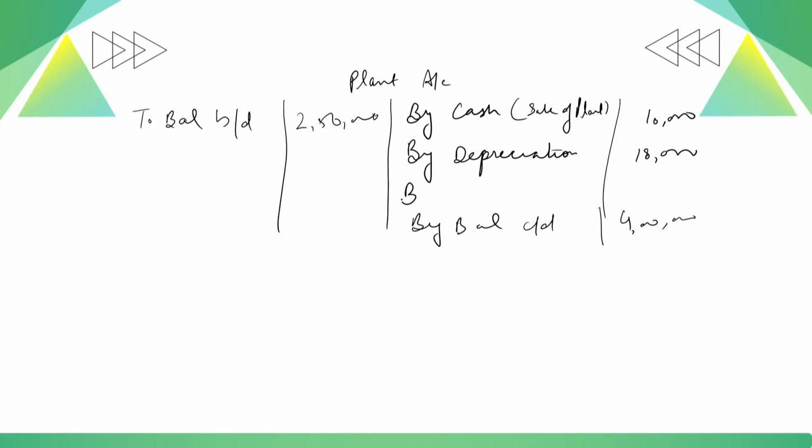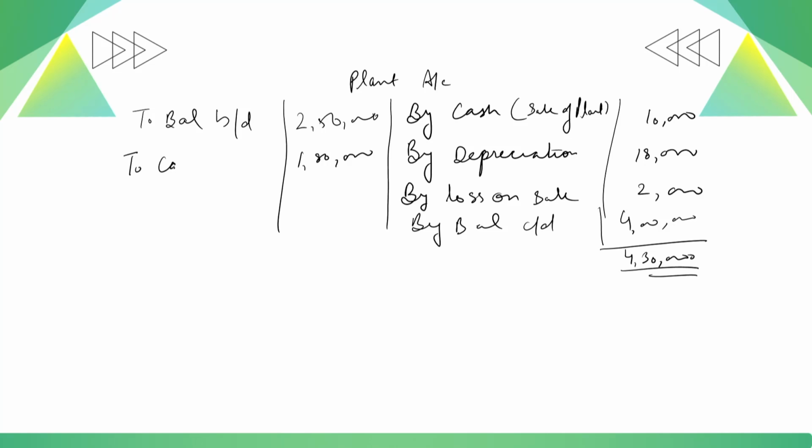That loss will be shown on the credit side as loss on sale of plant. This is 2,000 rupees. After balancing the two sides of the plant account, we reach a figure of 1,80,000. This shows our new purchase of the plant as a balancing figure, so that the total of the debit and credit side comes to rupees 4,30,000.